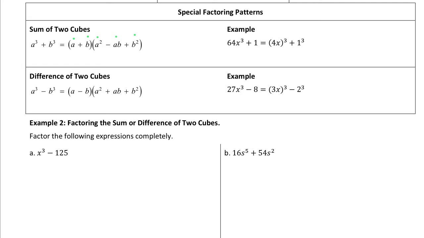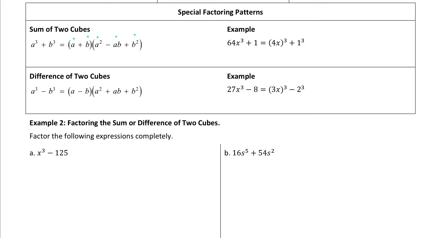In part A, hopefully that helps a little bit. I'm going to show it right up here with the 64x to the third. 64x to the third is a perfect cube, because 64 is a perfect cube and x cubed is a perfect cube. Also, 1 is a perfect cube.